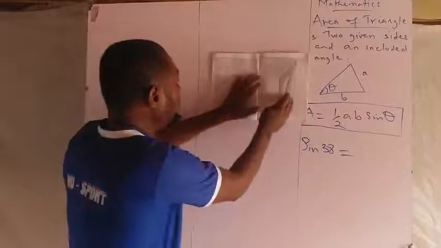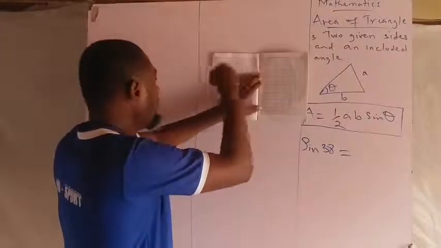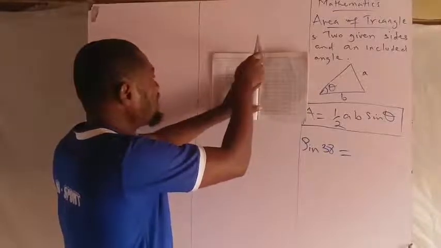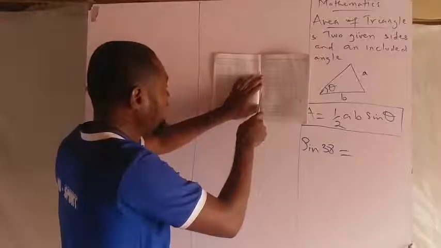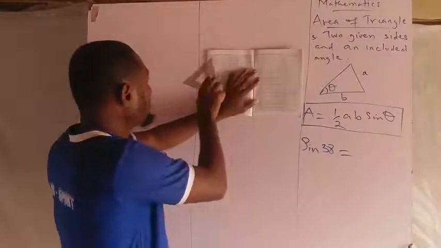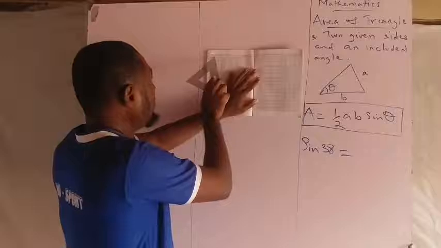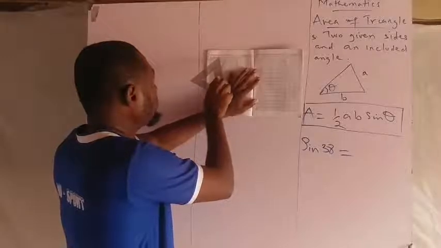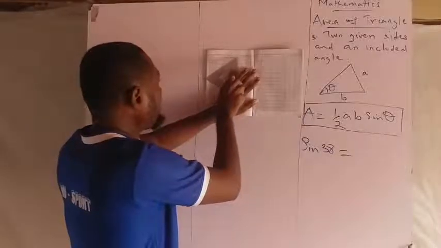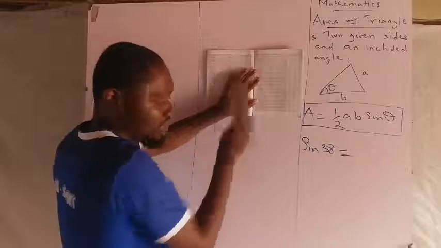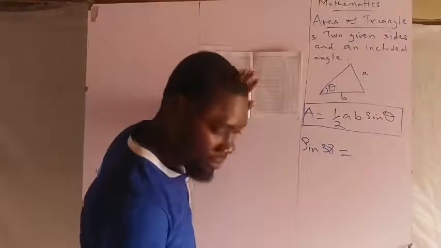We have also x running down here, from 44, we have 45 down to 89. Then we also have the horizontal values 0.0, 0.1, 0.2, 0.3 in that manner, and stop at 9.